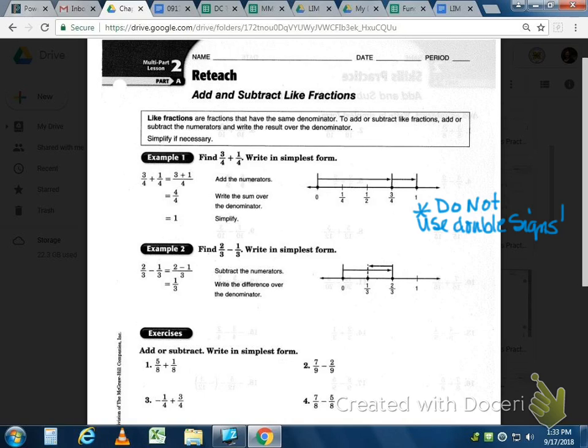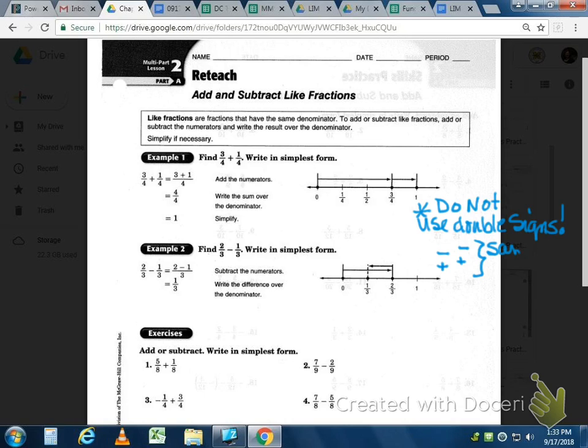So I'm reviewing that again. If they put two signs side by side, we don't do that. So if it would be minus a negative or plus a positive, where the signs are the same.